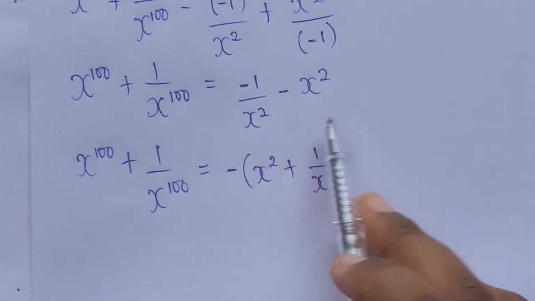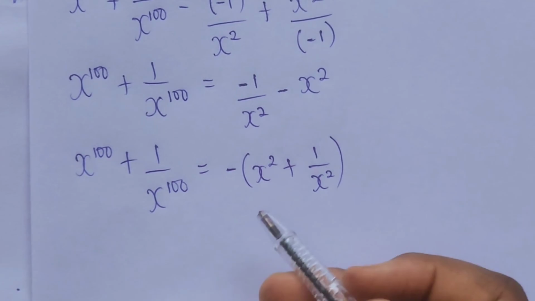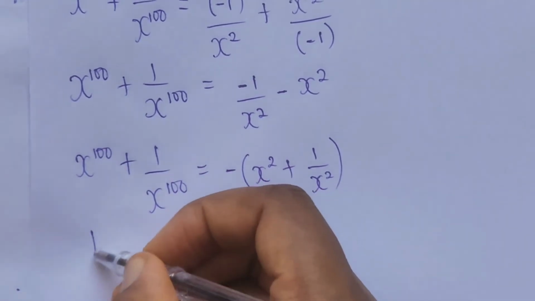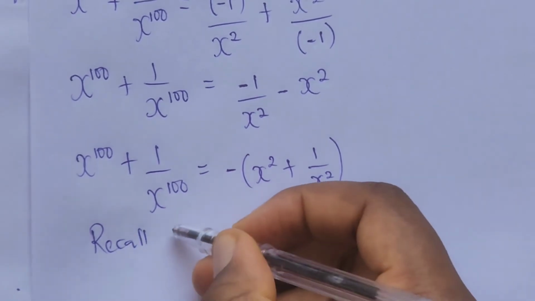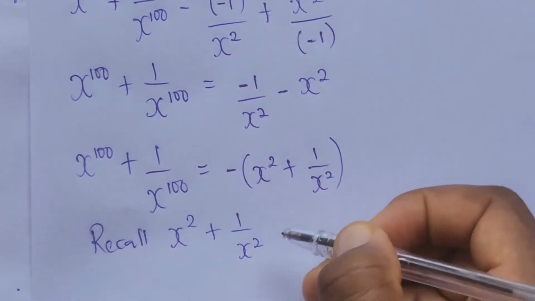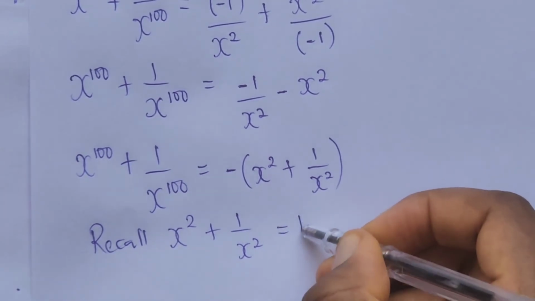So when we resolve this, we have this. Now from here we have x squared plus 1 over x squared. Let's recall that our x squared plus 1 over x squared is equal to 1.